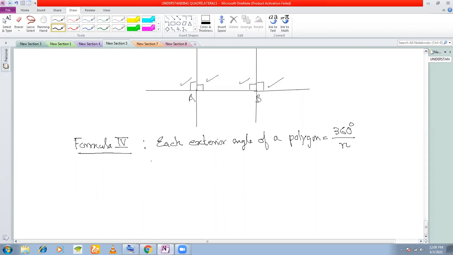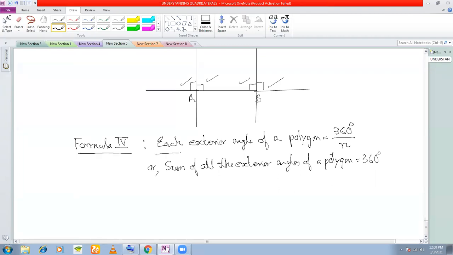If you don't remember this formula, what you can also remember is that the sum of all the exterior angles of a polygon must be equal to 360 degrees.